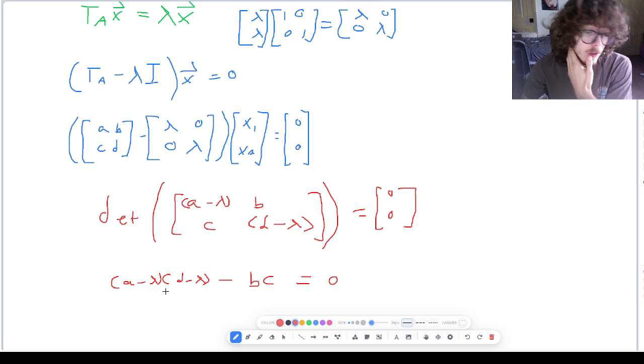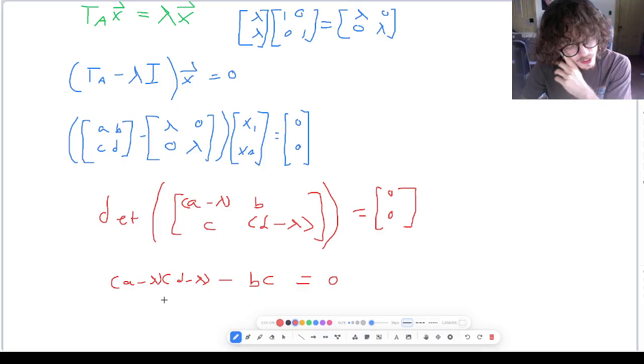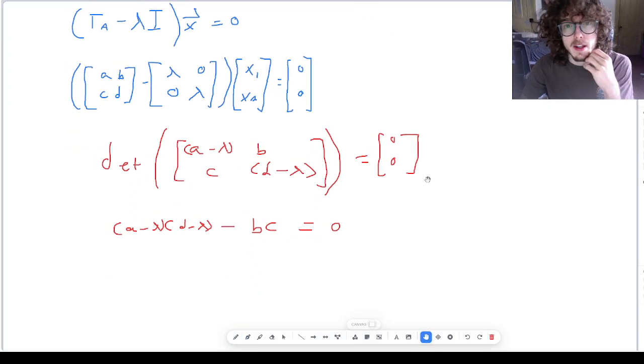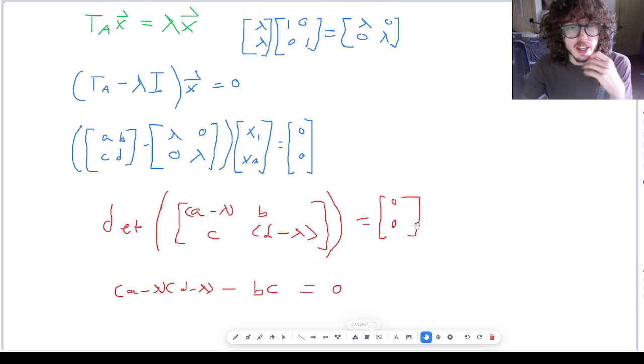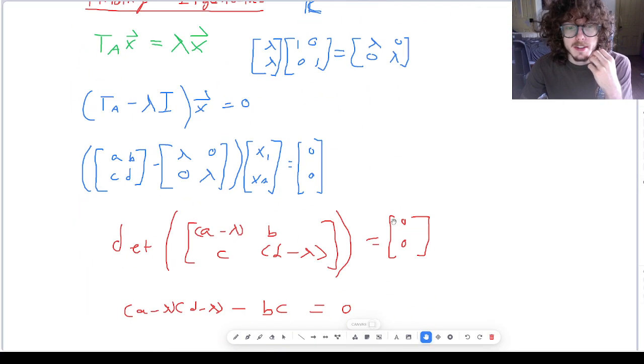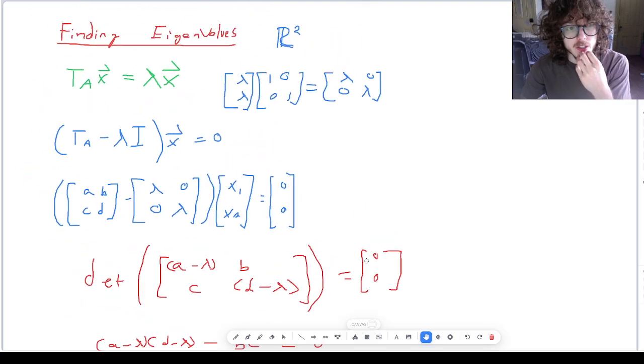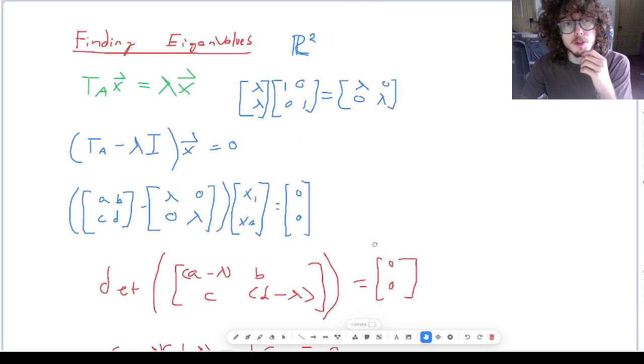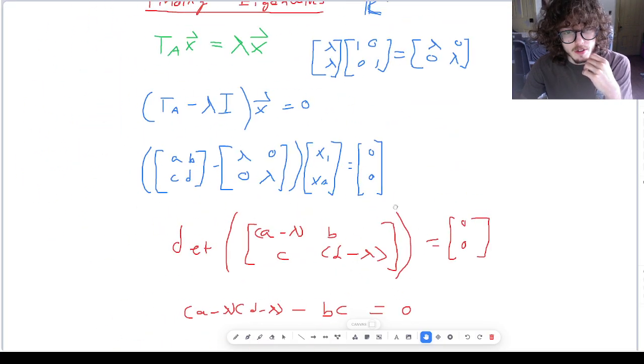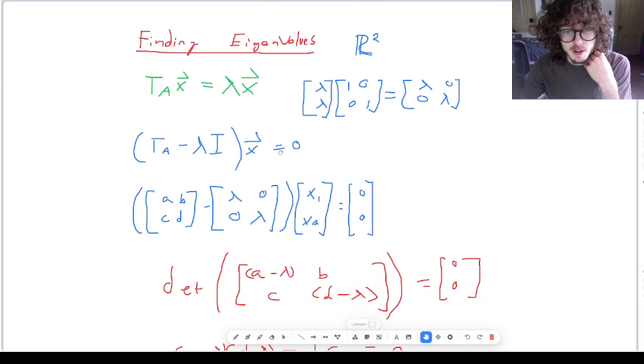And hopefully you can see that if A, D, B, and C are defined, you can just solve for lambda, and it turns out this is a polynomial. You'll just do foiling like you did in algebra 1, algebra 2, pre-calculus, maybe even calculus, I know that. But that's how you find eigenvectors. I'm sorry, eigenvalues.